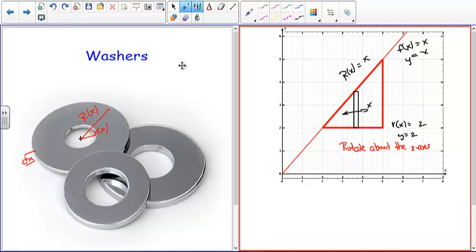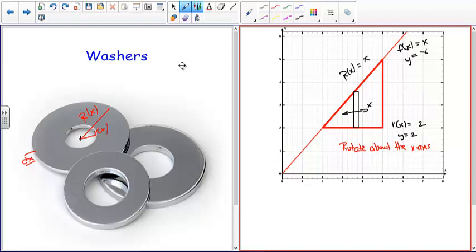There's a few key things here besides the function. This is the function y equals x, and that defines one surface, which is diagonal. The vertical surfaces end up coming into play in terms of the limits of integration.